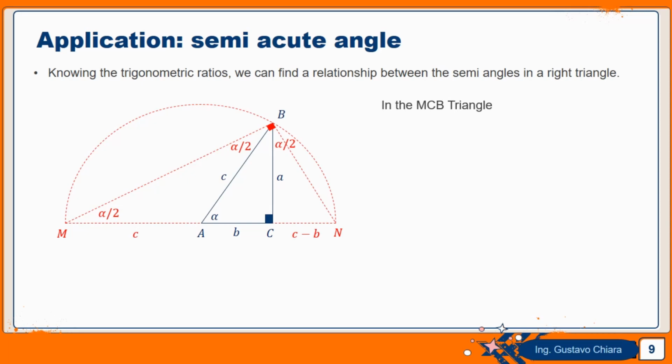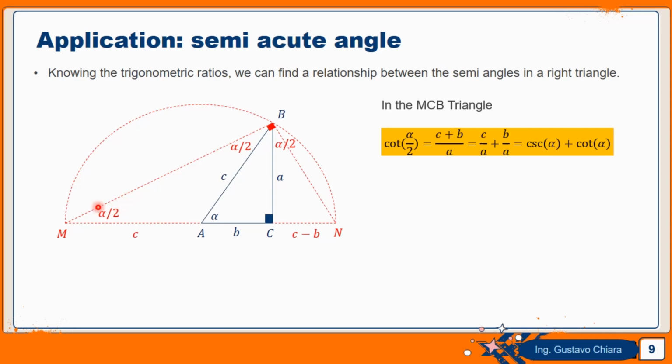Completing all the angles and sides, we get this. In the MCB triangle, the cotangent of alpha divided by 2 is equal to the adjacent leg divided by the opposite leg, so c plus b divided by a.